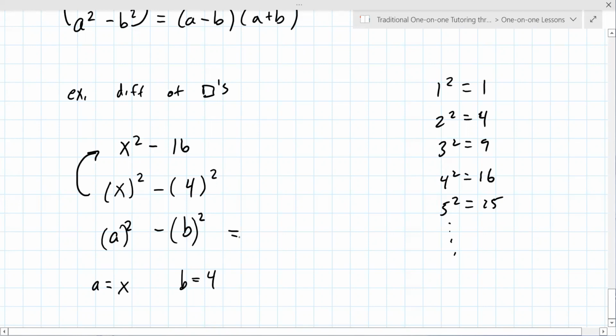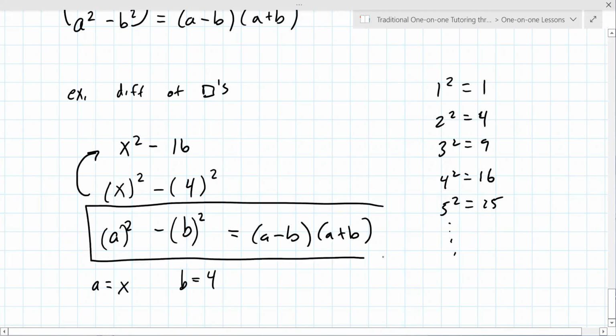So this formula, you have to know: a minus b, a plus b. You have to roll out of bed and know this formula. So now let's go back to your problem. X squared minus 4 squared becomes x minus 4, because a is x and b is 4, x plus 4. And the order does not matter.